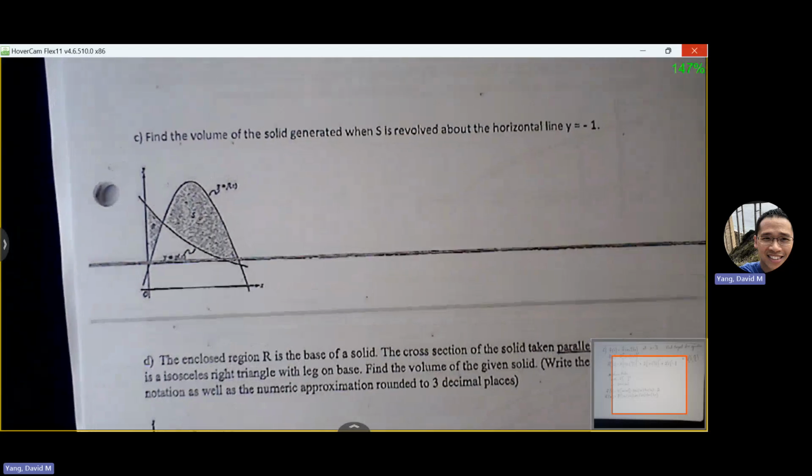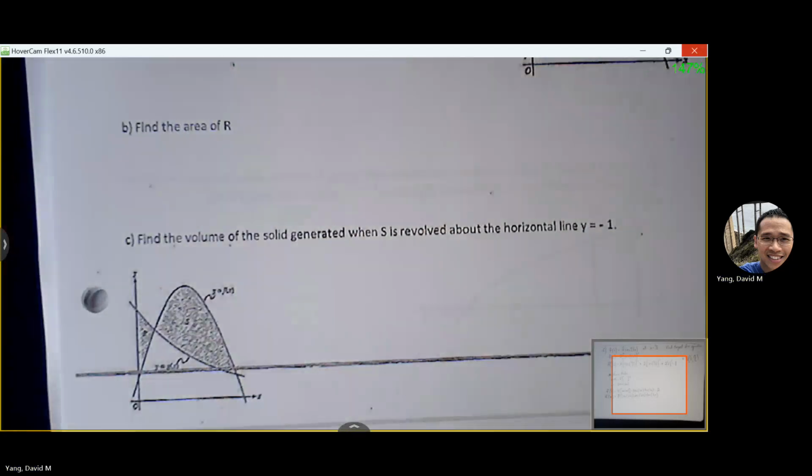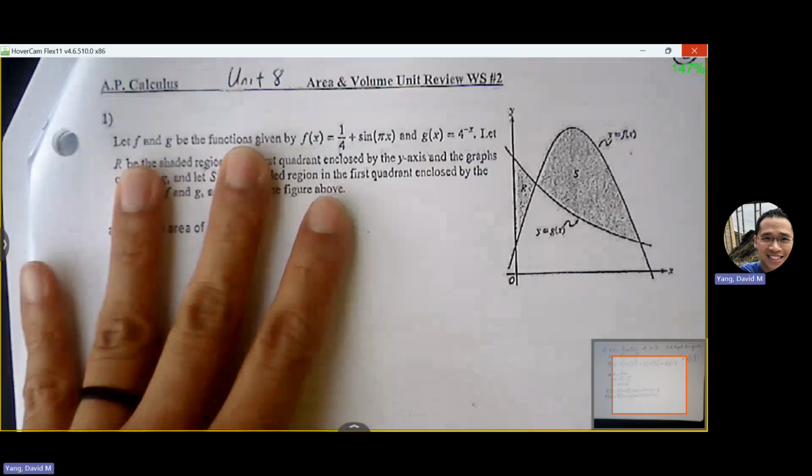No need to do right minus left for either. Any questions with page 2? Go ahead and start page 3, see how we do there.